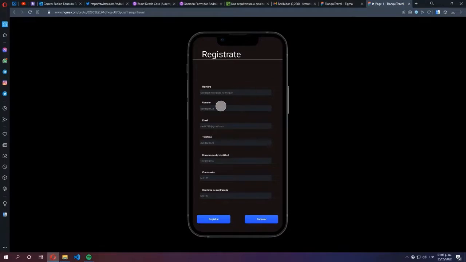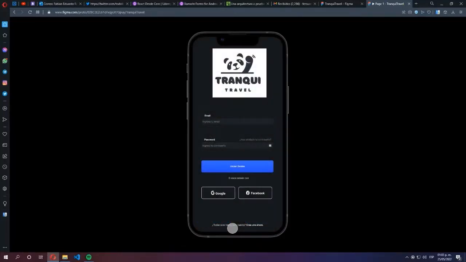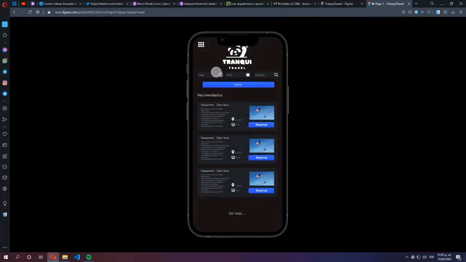The next step in this screen, we have to push the register button, and once registered we proceed to login, fill the form, login, and the main page or dashboard appears.